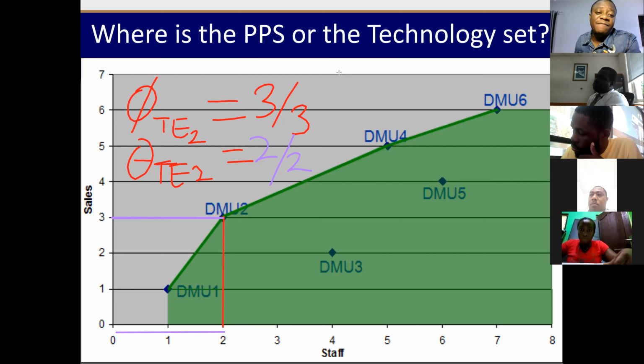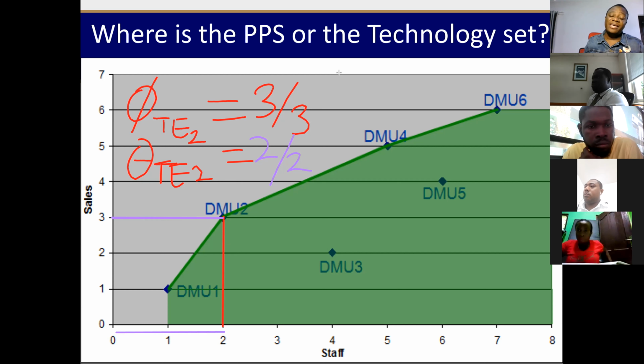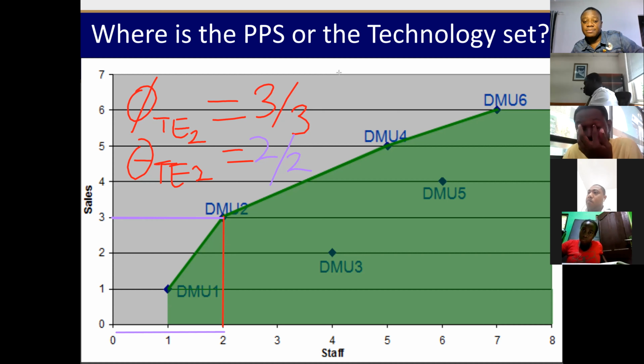The output technical efficiency is 3/3, which is also 1. So in this context, not every context, for the efficient firms, they are always going to be the same answer, whether input oriented or output oriented. But that is not the same when it comes to the inefficient guys.